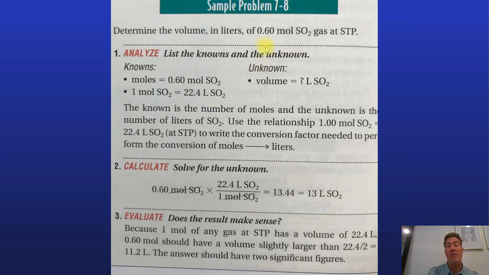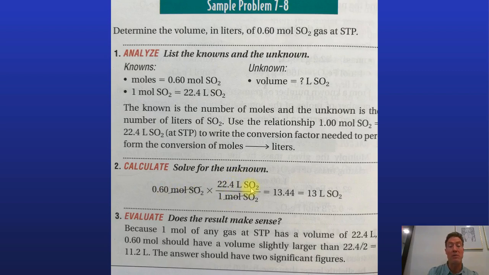Determine the volume of 0.6 moles of SO2 gas at standard temperature and pressure. So we're simply going to convert from moles of gas to liters using this molar volume ratio. So 0.6 moles of SO2, and we know that for every mole of SO2, put it down here because we want to cancel these units, that will give us liters of SO2.